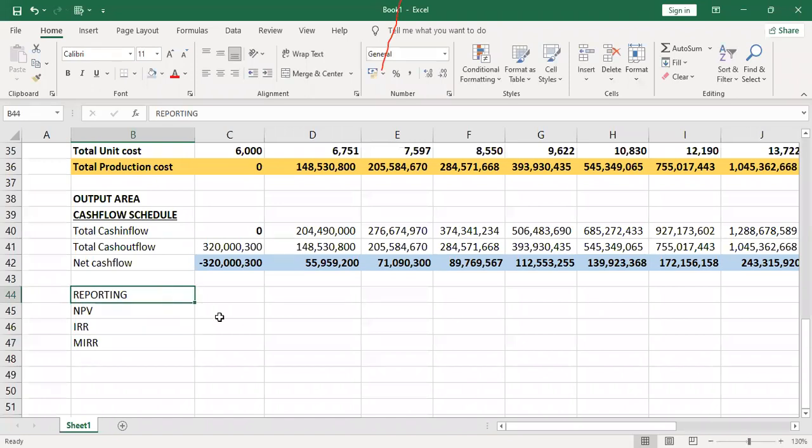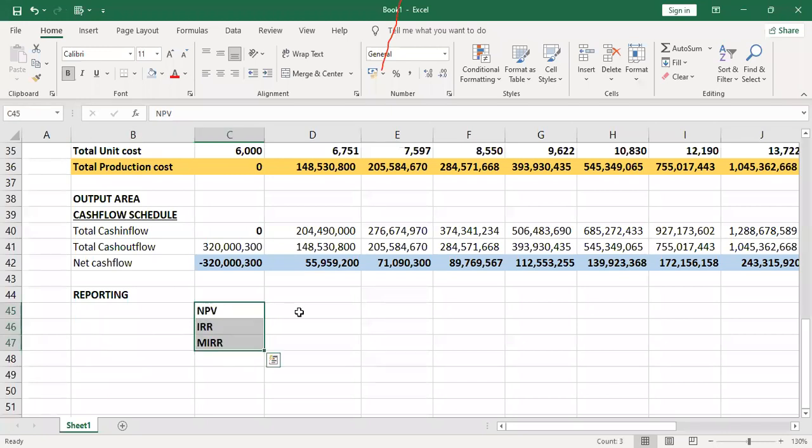We are about to finish. So reporting, type in NPV, IRR, MIRR.